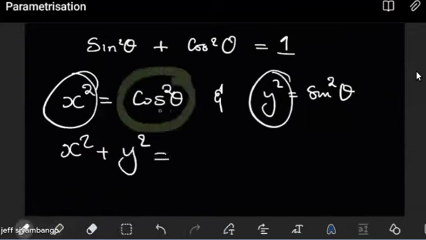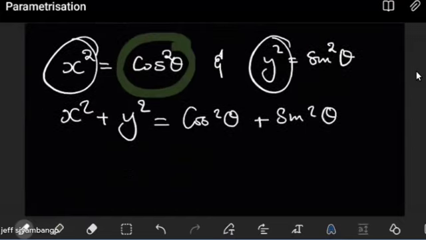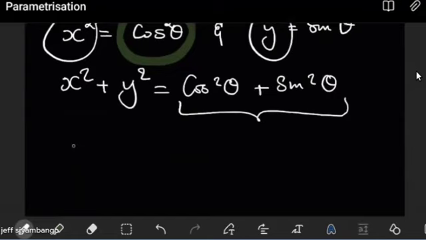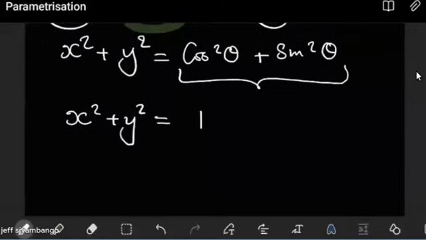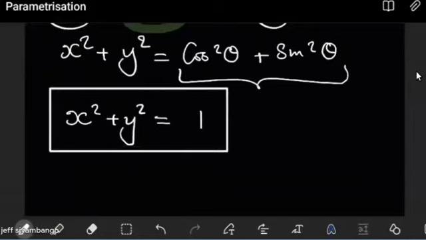From the right-hand side of the first one, I have cos squared theta, and from the second one, I have sine squared theta. So this is where we are now. But then we recall that cos squared plus sine squared is basically 1, meaning that the left side remains this, but the right side reduces to 1. So now we have combined our two parametric equations into one equation that relates x and y.